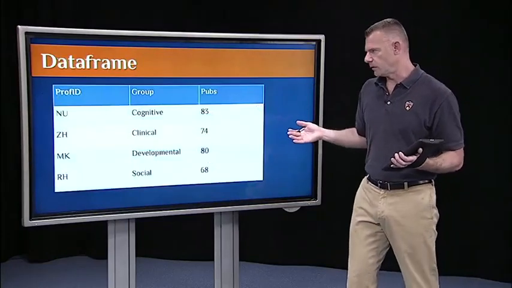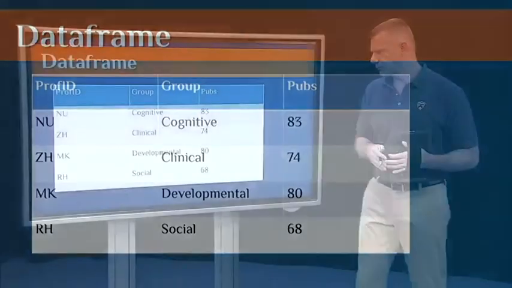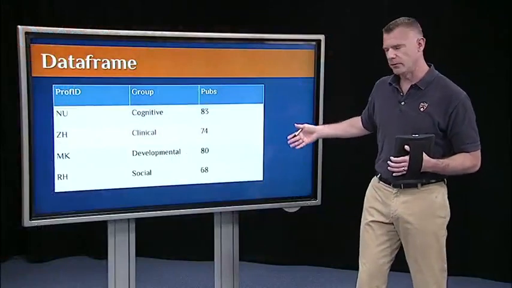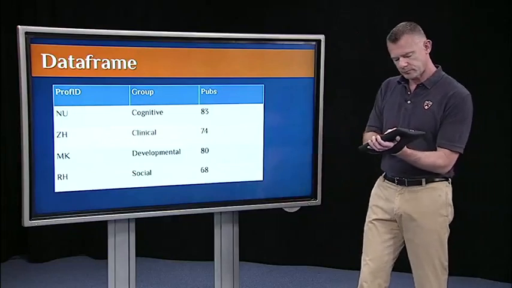Your data frame might look something like this. We could have a professor ID, like the initials of the professor, what group they're in, cognitive, clinical, developmental, whatever, and then the number of publications that they have. So assume these are like senior professors. It's a lot of publications. So toward their end of their career.